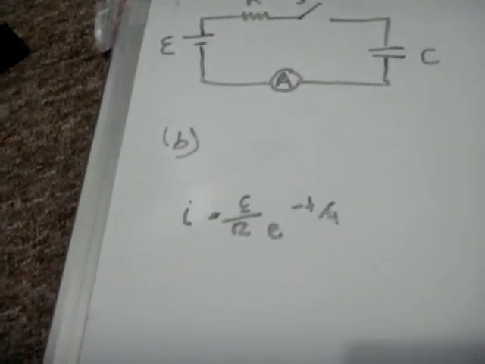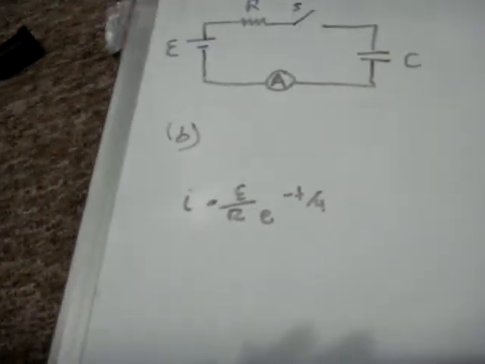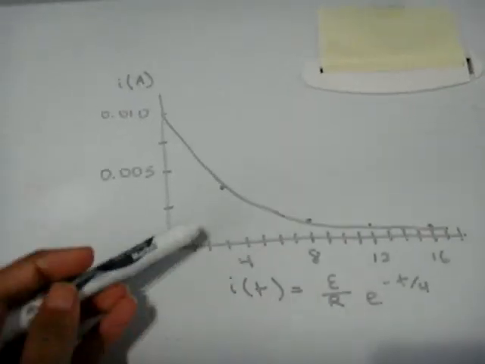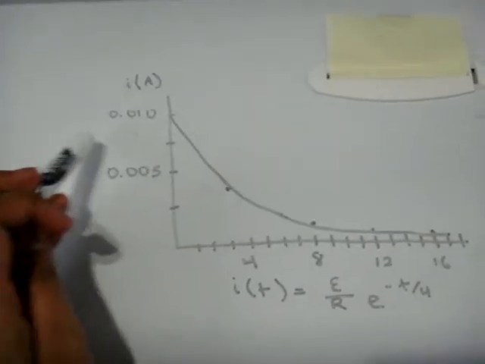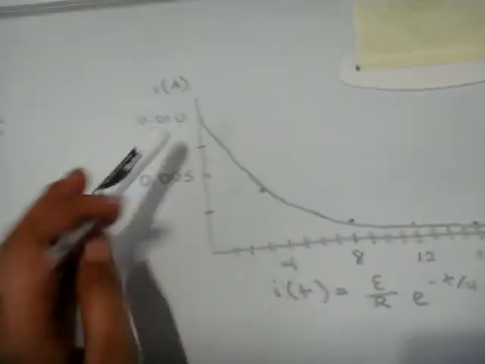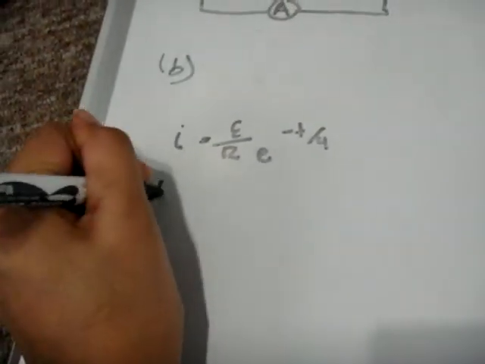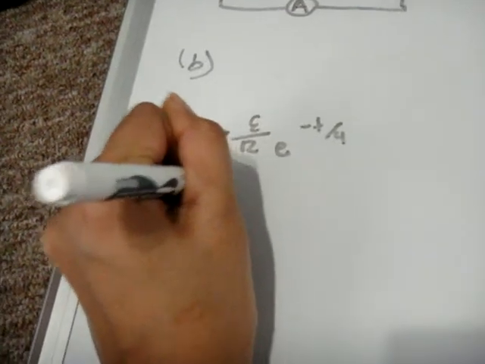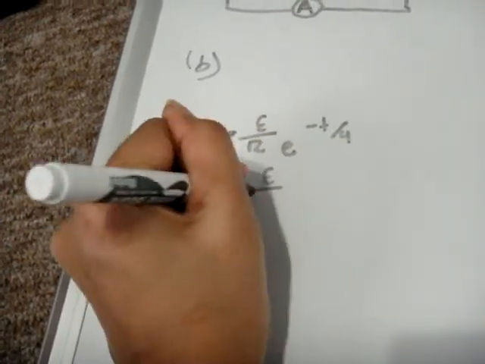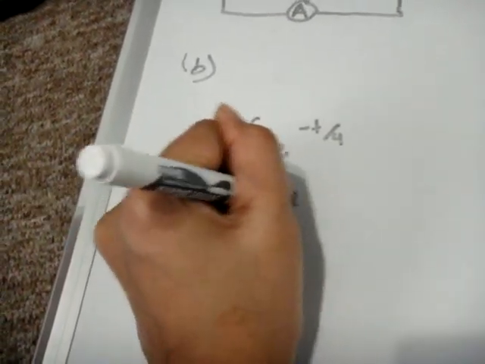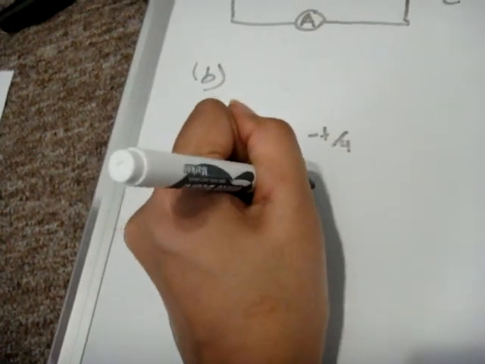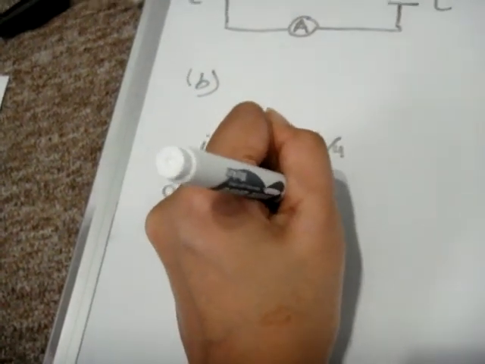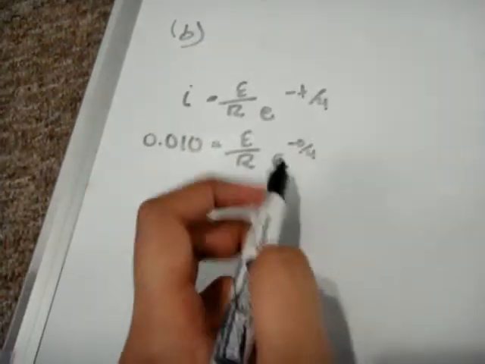Okay, so if we plug in values, we can see that the current at t equals 0 is 0.010. That is the full current going through the circuit. So we can plug that in. So we have I equals 0.010 equals emf over resistance times e to the negative t over 4. And since t is 0 and e to the 0 is 1, this entire term cancels.